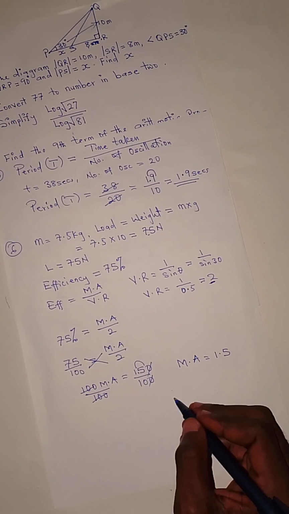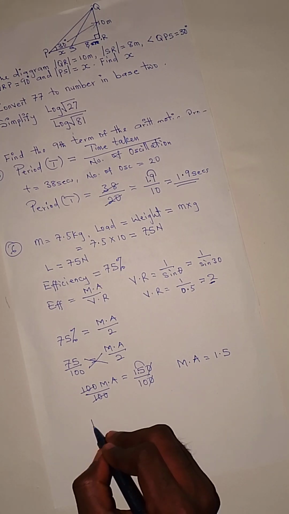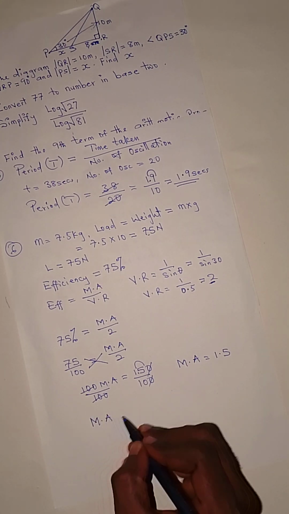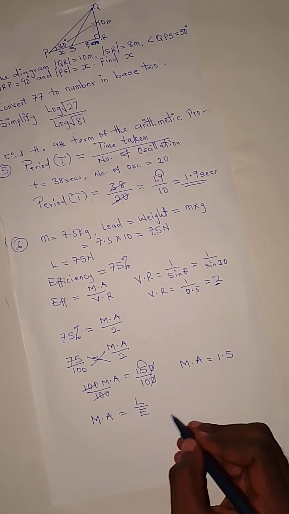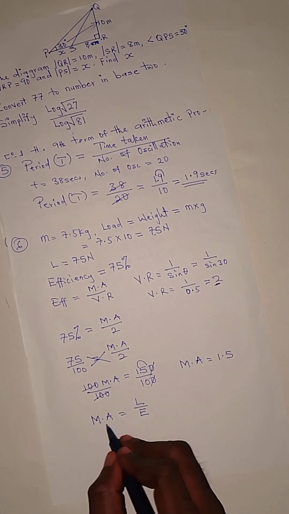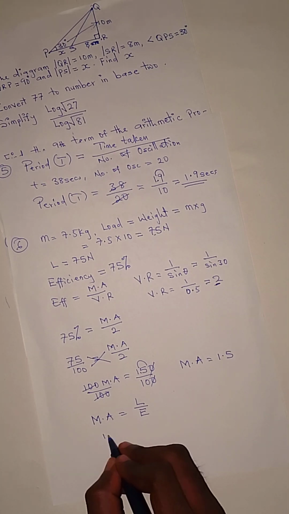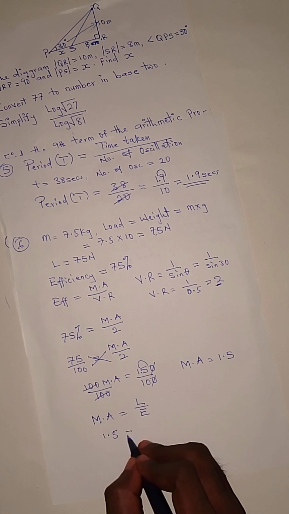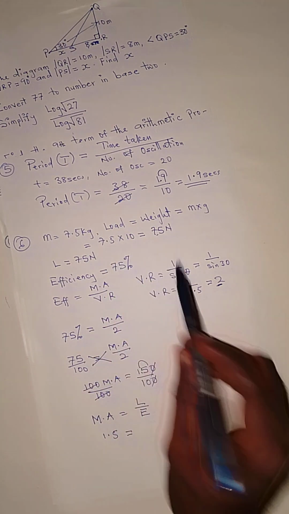Now we are asked to calculate the effort, minimum force. So we can say that mechanical advantage is equal to load all over effort. So we now know what the mechanical advantage is. That's 1.5. So we can plug in 1.5 here equal to load. Now our load is 75.